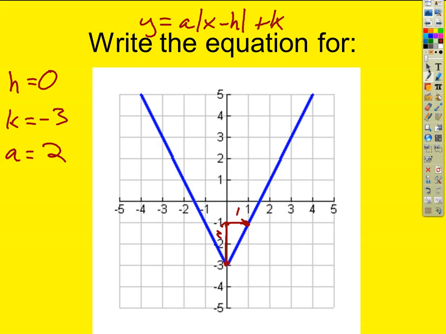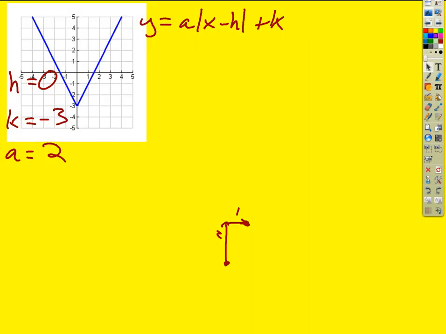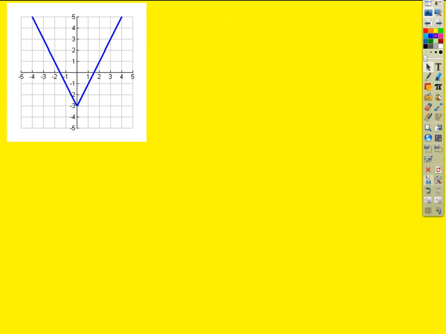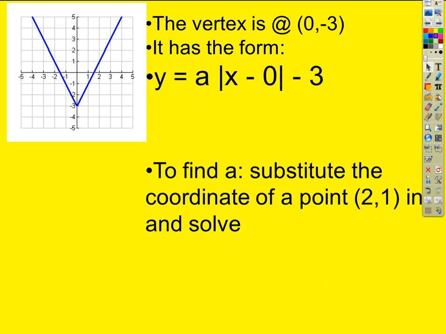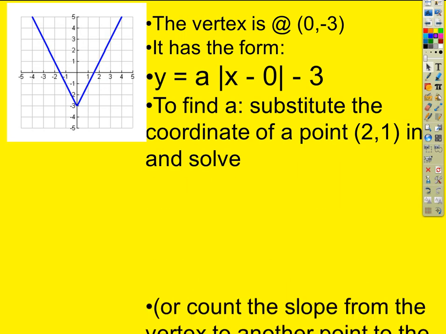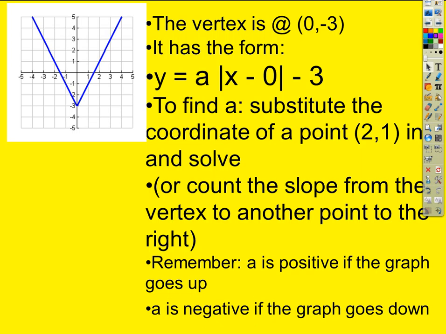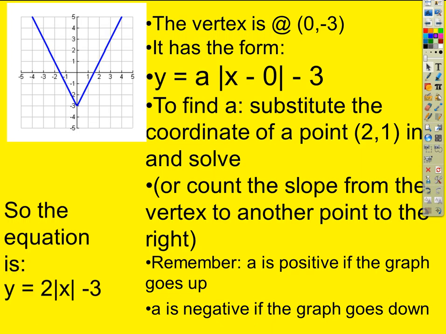Minus 3. The vertex is at (0, -3). A is 2. So when I plug all that stuff in, that's my answer, right? I don't put the x minus 0. I simplify that to just plain old x. Okay, make sense?